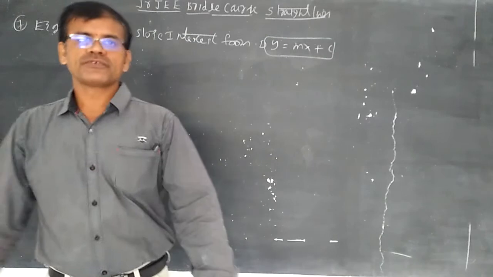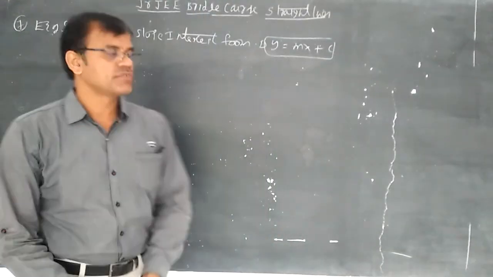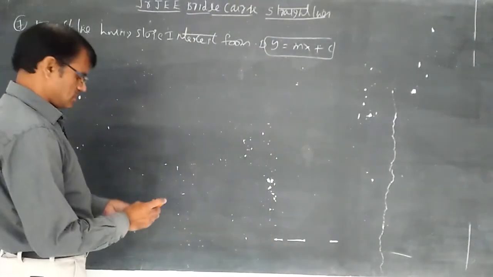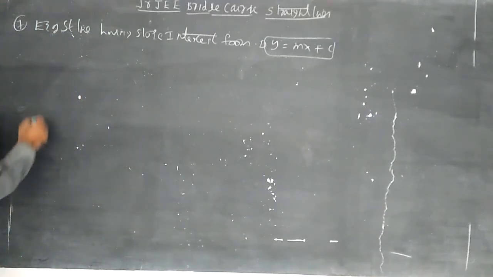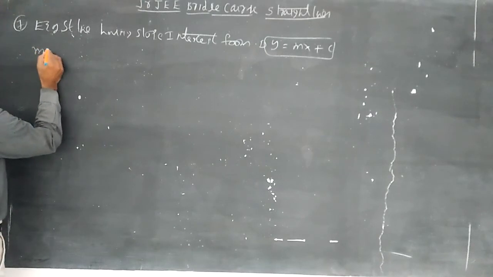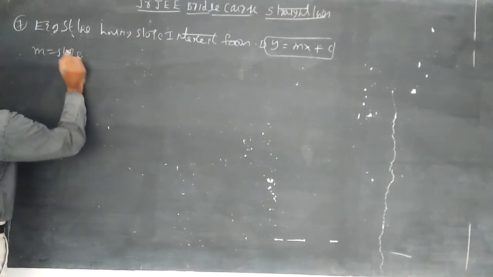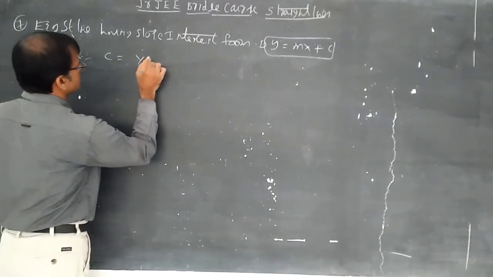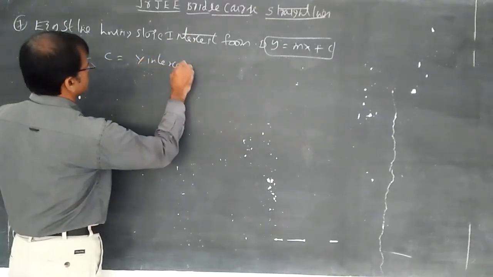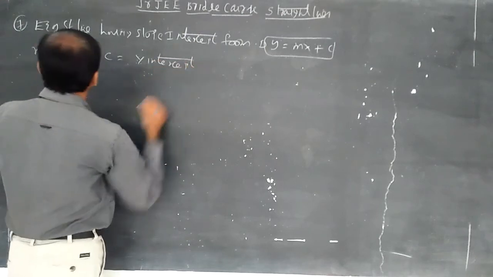I said proofs for every straight line in every concept we discuss the proofs. y is equal to mx plus c, where m is the slope and c is the y-intercept.